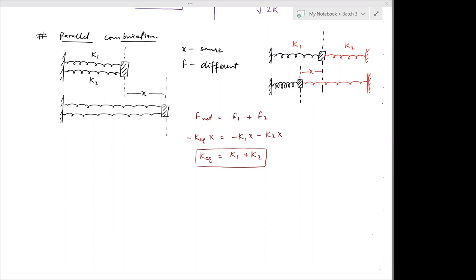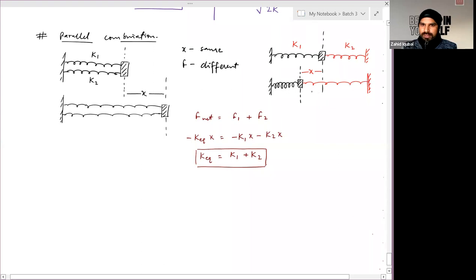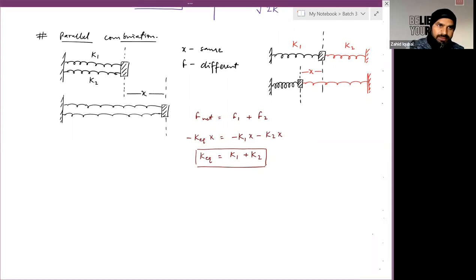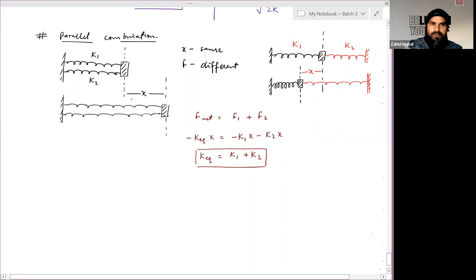Sir, where is F in the diagram? Net force we have to define according to these two different springs. In the first part, when you stretch this particular spring slightly to the right side, a restoring force develops in it along this way.